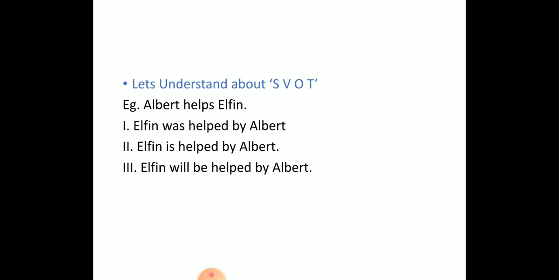Or number 3, Alfie will be helped by Albert. According to you, which is the correct answer? Number 1, number 2, or number 3? I will tell you how to analyze the correct option.